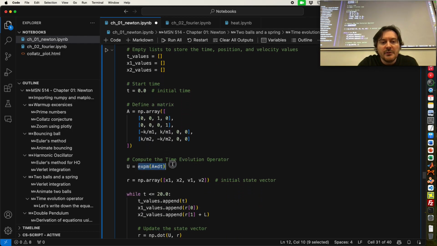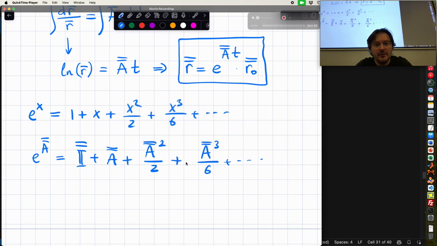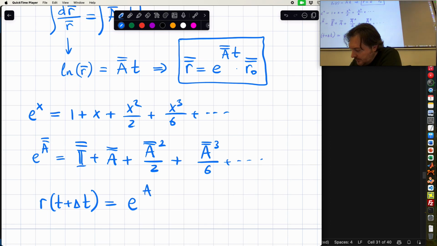And this is going to calculate that e to the A delta t that we had over here. Okay? So what are we doing? We are saying that r(t plus delta t) is equal to e to the matrix A times delta t, times r(t).